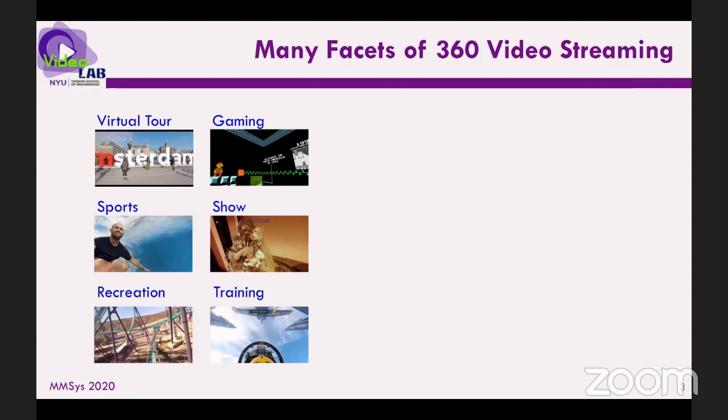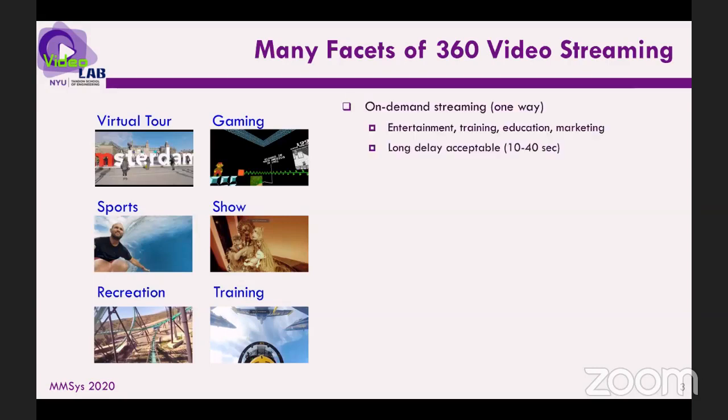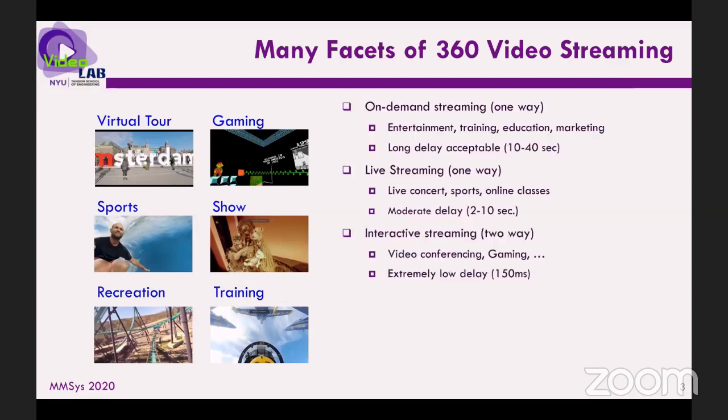Just as with 2D video, there are many ways you can consume 360 video, be it video on demand, live streaming, or interactive streaming. They differ in terms of the delay tolerance that's acceptable, and also the way you interact between the server and client. And unlike with 2D video, where you have to watch where the cameraman wants you to see, with 360 video, you can focus on wherever you want.